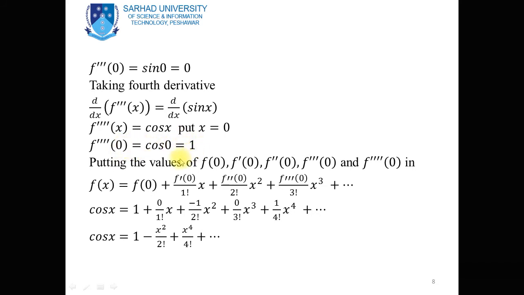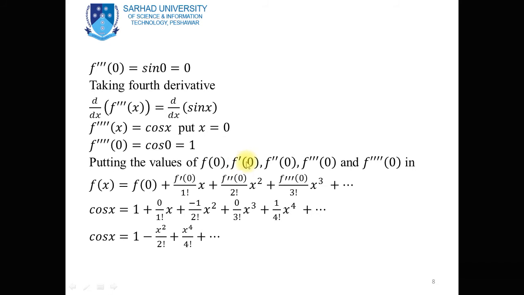Now putting all these results: f of 0, f prime at 0, f double prime at 0, f triple prime at 0, and f fourth prime at 0. Here f of 0 is the function value at x is equal to 0.